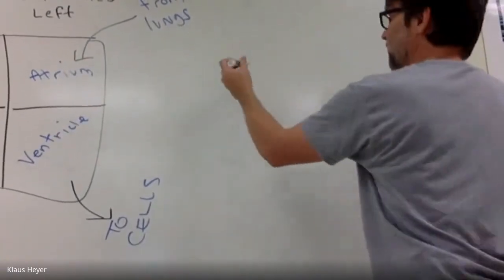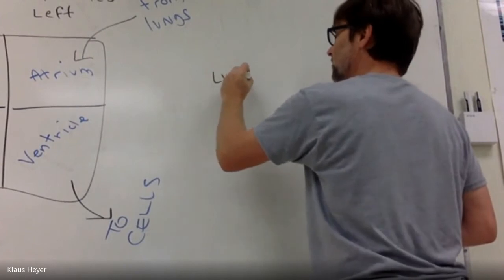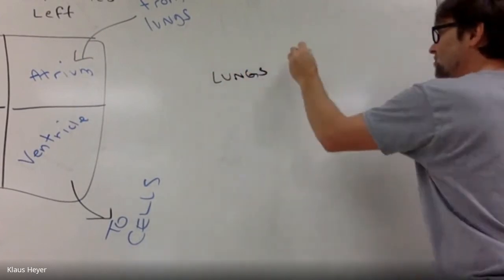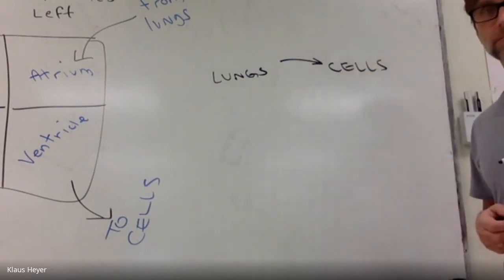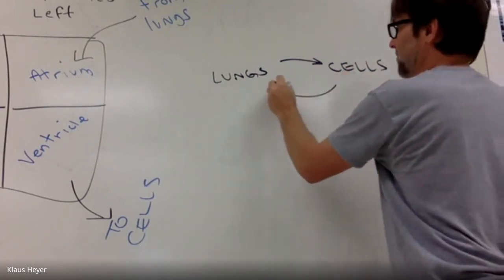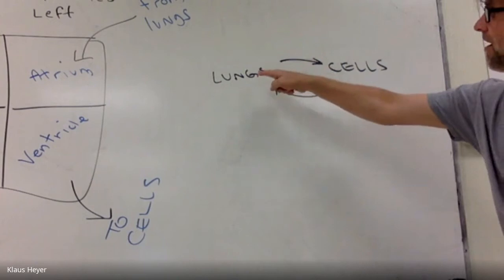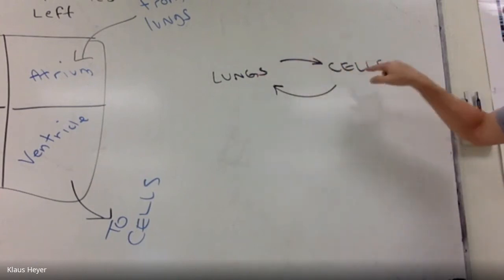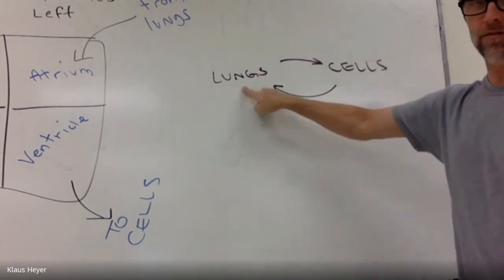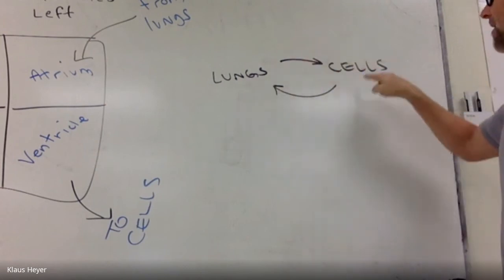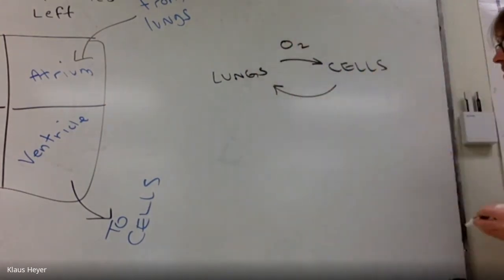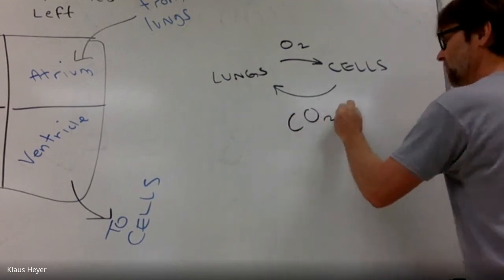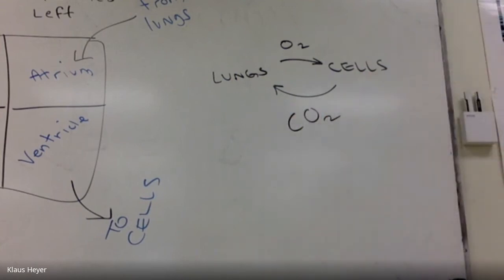It's just this: you're going from your lungs to your cells and then back. Give oxygen to the cells, give carbon dioxide to the lungs, back and forth. So you've got oxygen going that way, you've got carbon dioxide going that way.